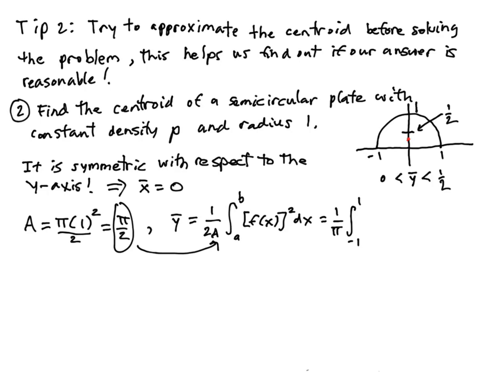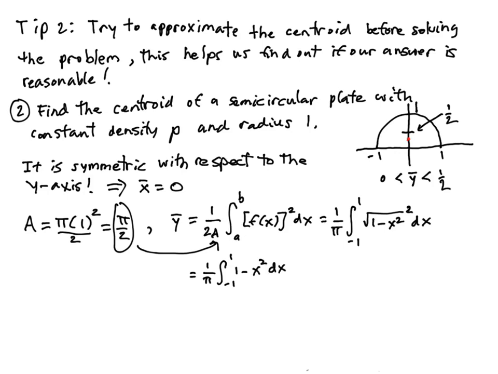I still haven't told you what the function is, but isn't the function of a semicircle the square root of 1 minus x squared? So that's a semicircle, except I'm going to square it, which is nice because the square is going to make the radical go away. And so we end up with 1 over pi times the integral from -1 to 1 of just 1 minus x squared dx.